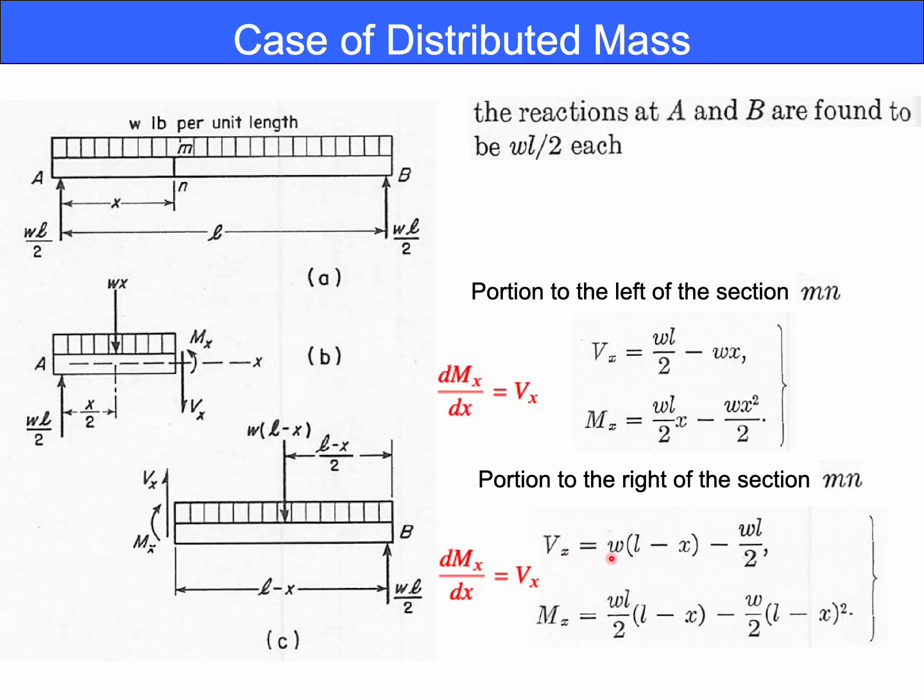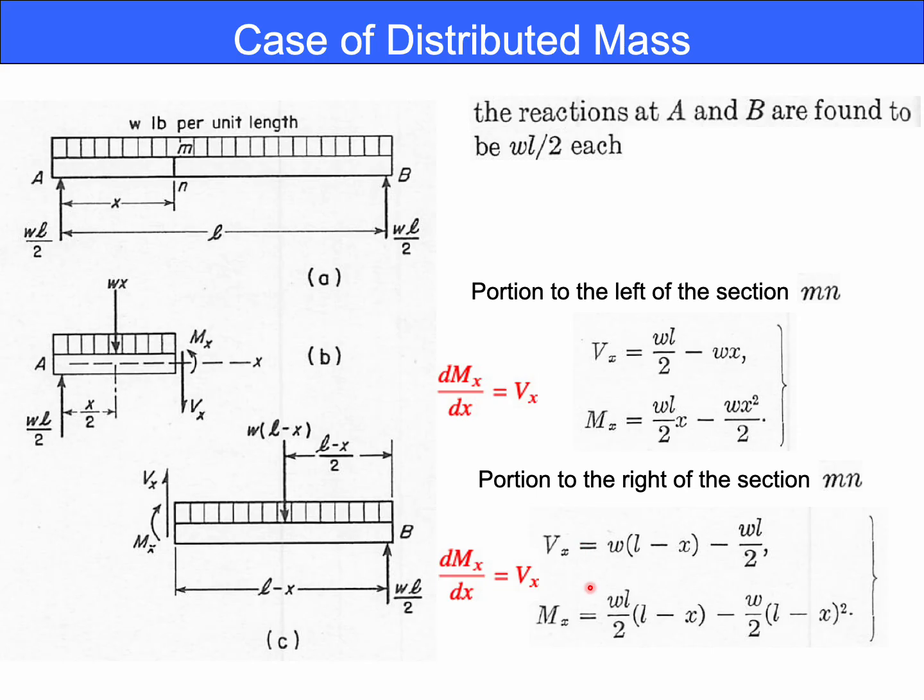And Vx equals W(L minus X), but now X is taken from the right side. So L minus X is the distance between this and this.